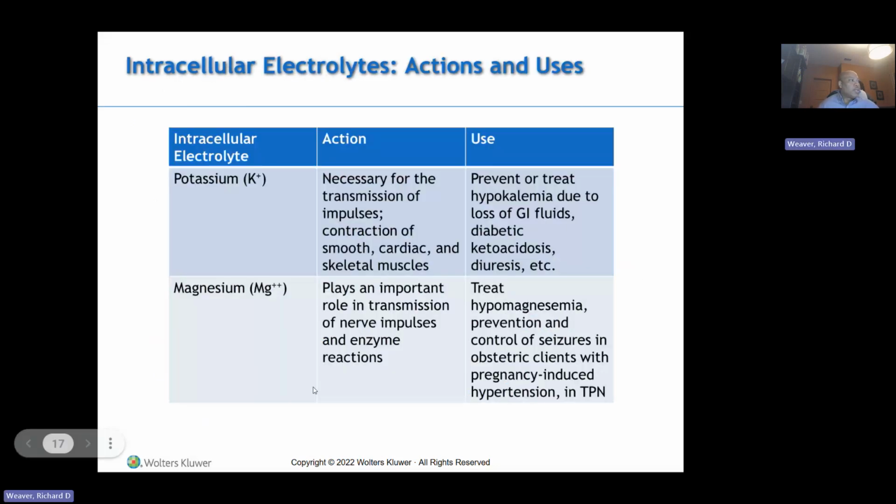All right. So take a look at potassium. What does potassium do? It's necessary for transmission of impulses. So it's how nerve impulses travel, if you will. It is also involved in contraction of smooth, cardiac, and skeletal muscles. Remember the different systems I told you about.